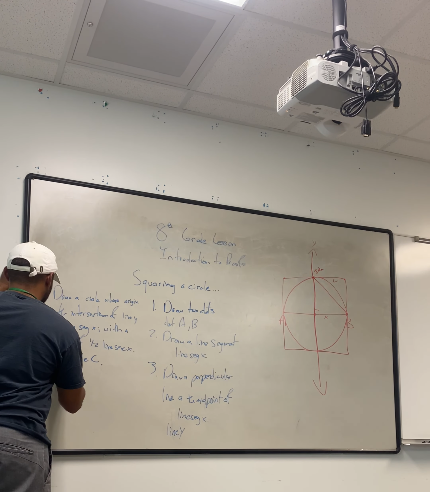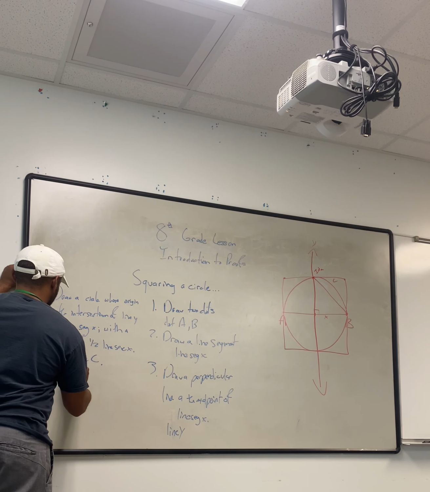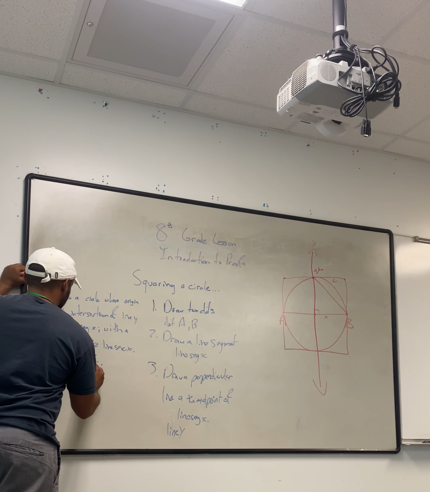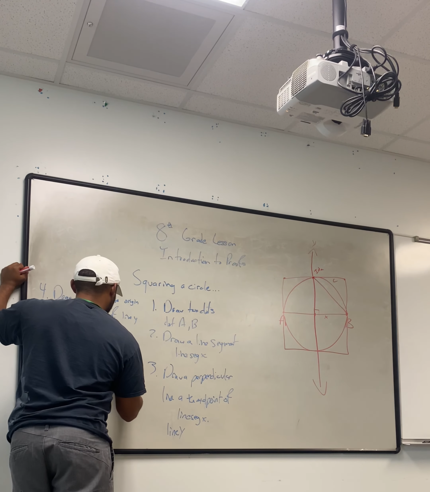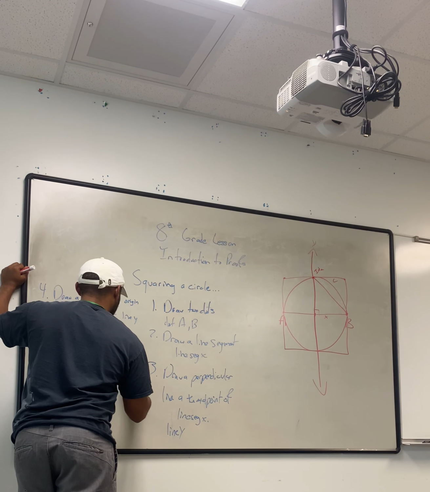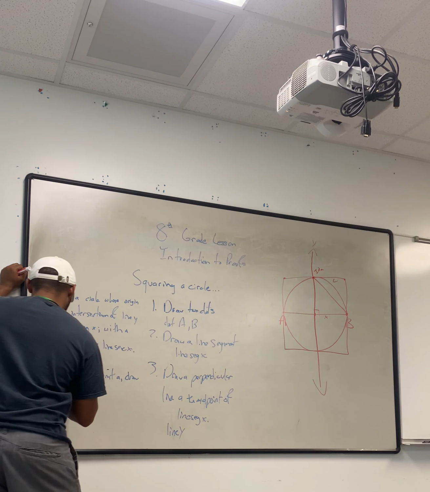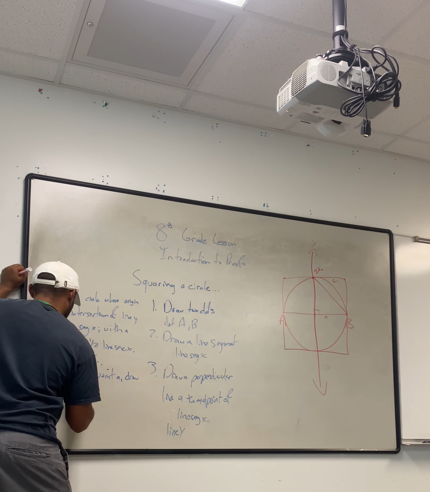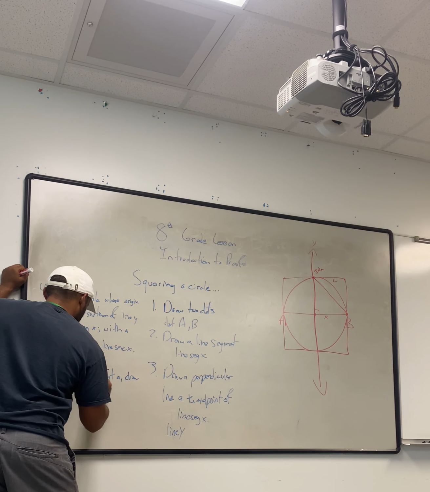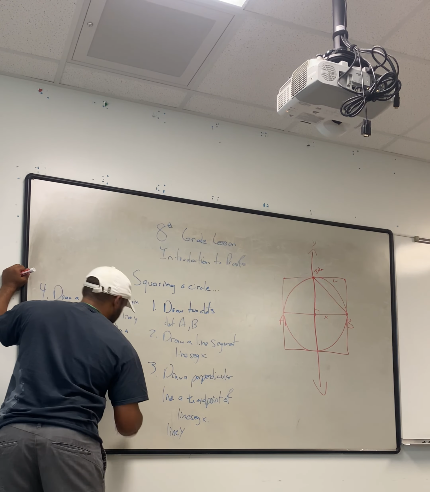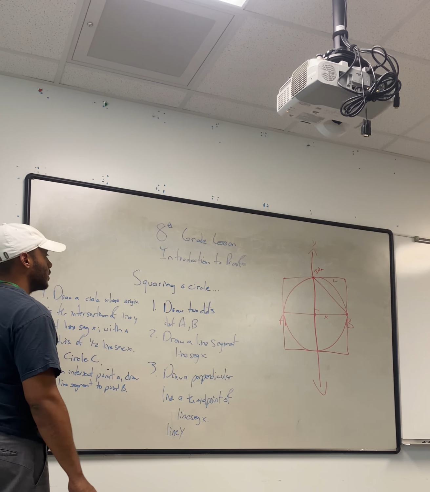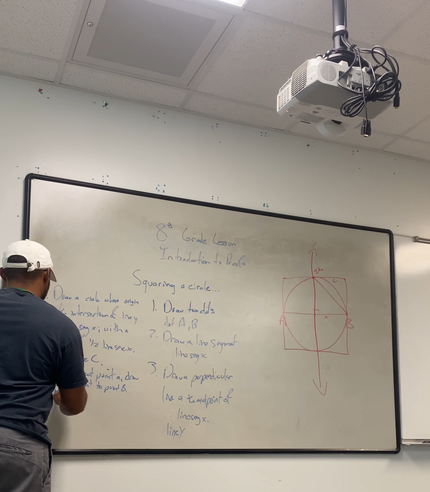So, from intersect point A, draw a line segment to point B, right? Okay.